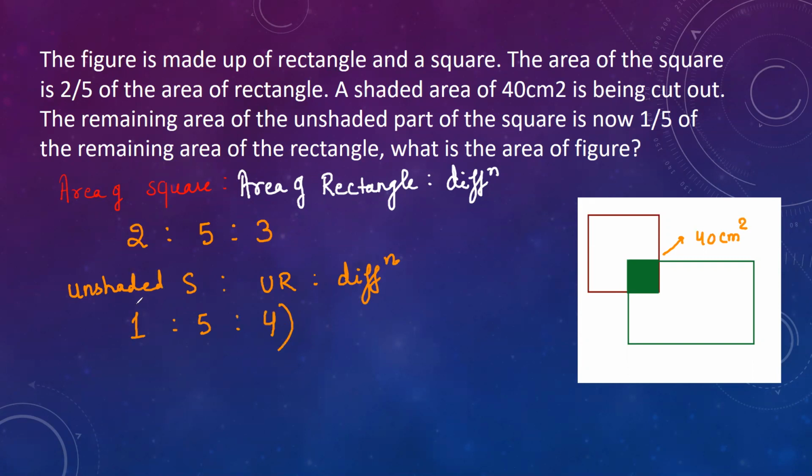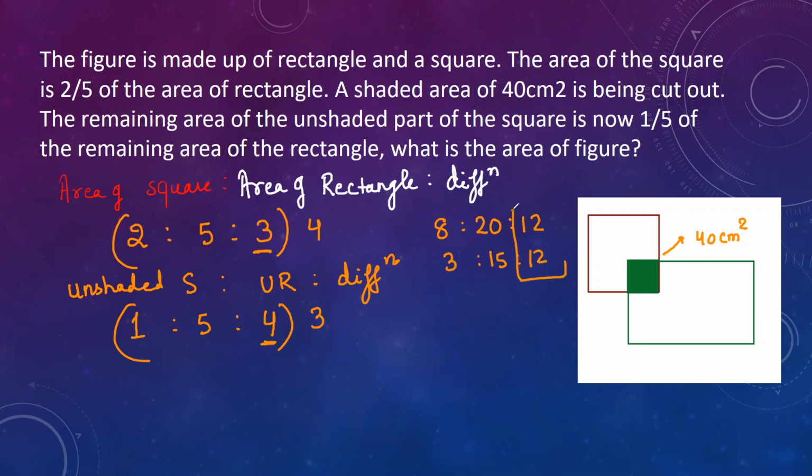We are making it the same. We multiply this by 3 and this by 4, because if you multiply, the difference becomes the same. So it is 8:20:12, and here it comes 3:15:12. Just see, the difference becomes constant. Now, what are they asking? They are asking about the shaded area of 40 centimeter square that is cut.